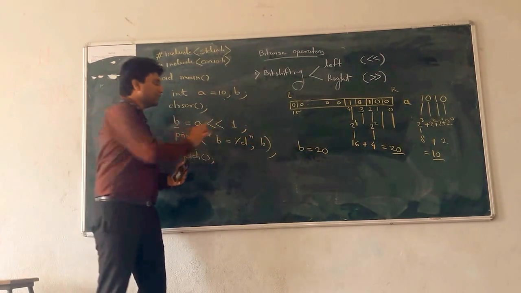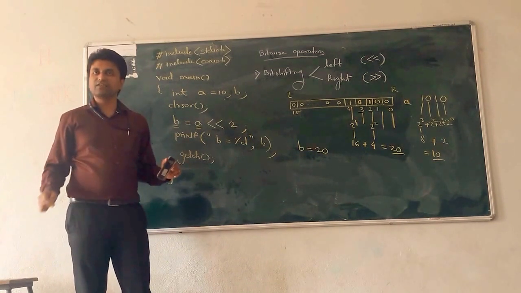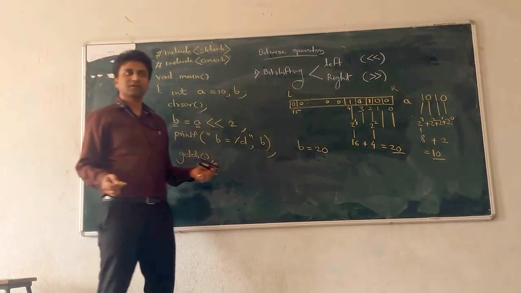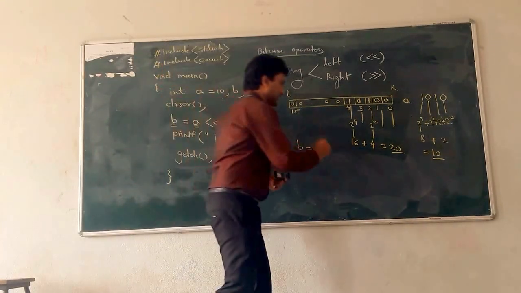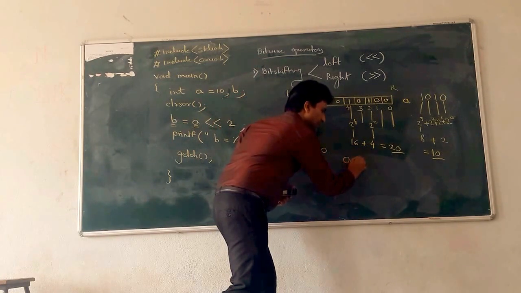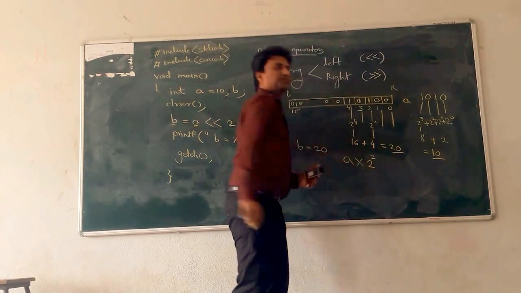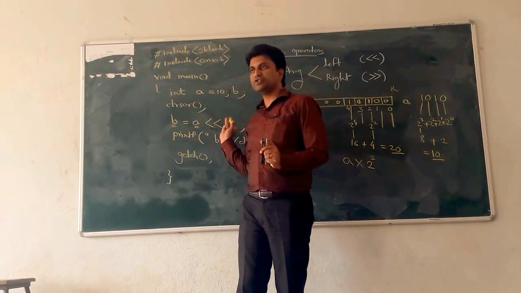If you want to shift the number 2 bits to the left, then what happens? What is the result? 14 is the result. That is, whatever the number may be, multiply by 2 raised to 2. The number of bits shifting is 2.